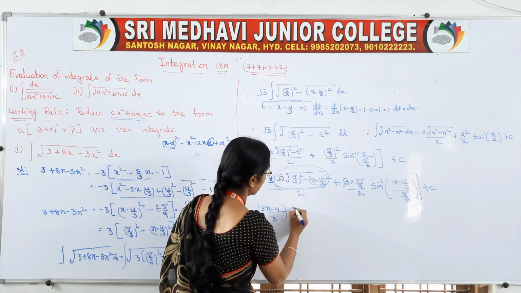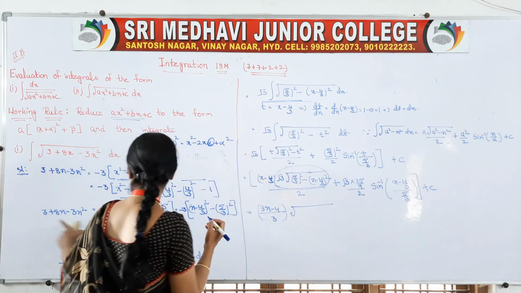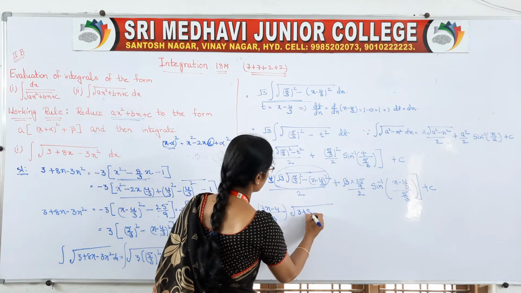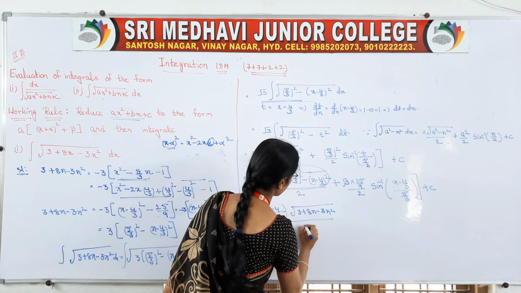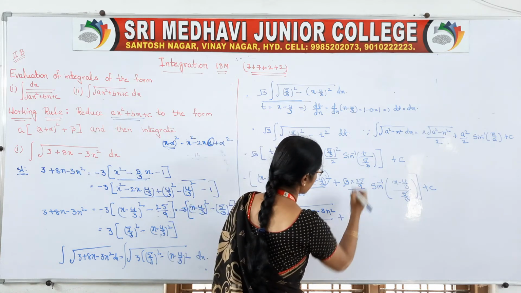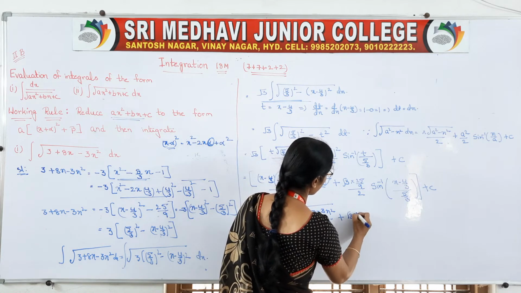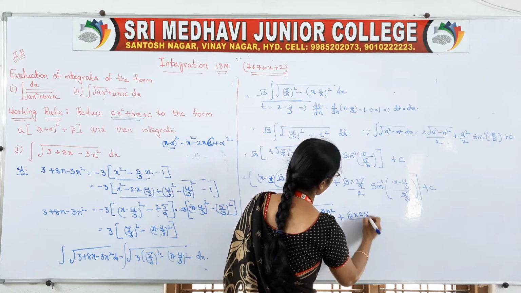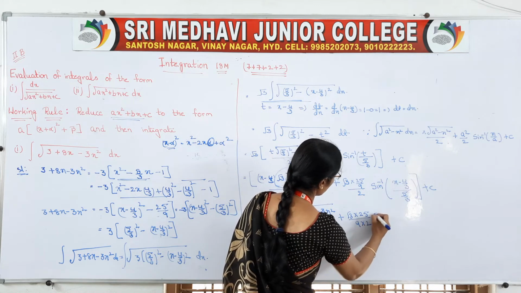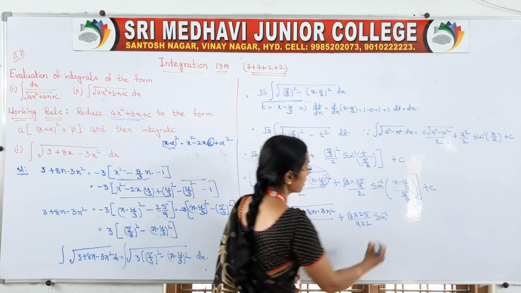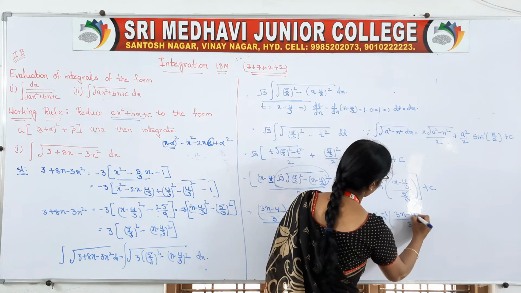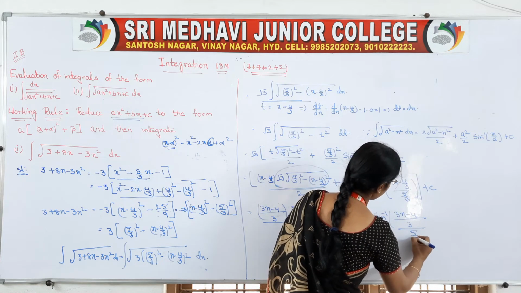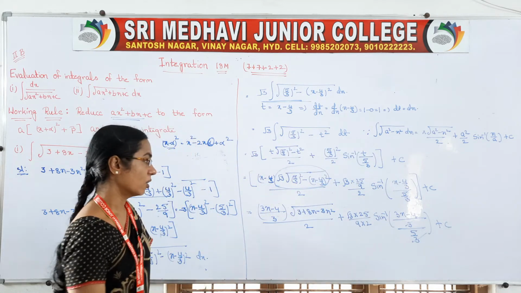So instead of this we can write root of 3 plus 8x minus 3x² by 2, plus root 3 into 25 by 9 into 2, sine inverse of, same thing, take the LCM, 3 is the LCM, (3x minus 4) by 5 by 3, plus c. 3 cancels.